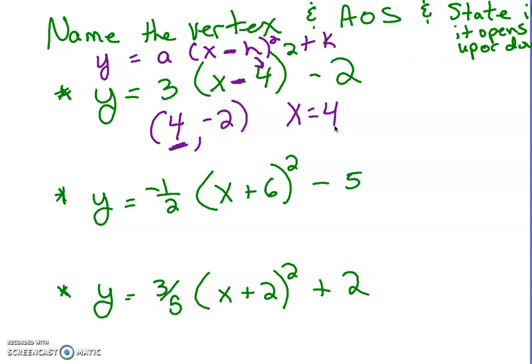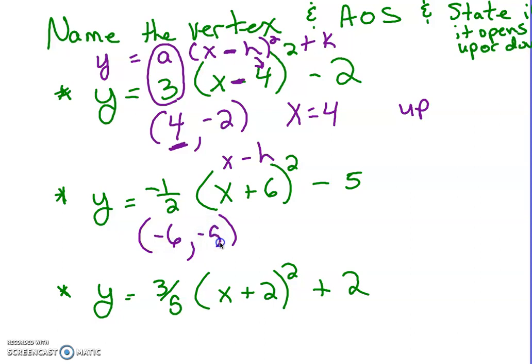And of course, does it open up or down? Well, you look at the a. The a is positive, so it opens up. So the next one is again written in vertex form, and the formula says x minus h. So here, h is actually negative 6, and the k is negative 5. So that's the vertex. The axis of symmetry, again, is x equals negative 6.